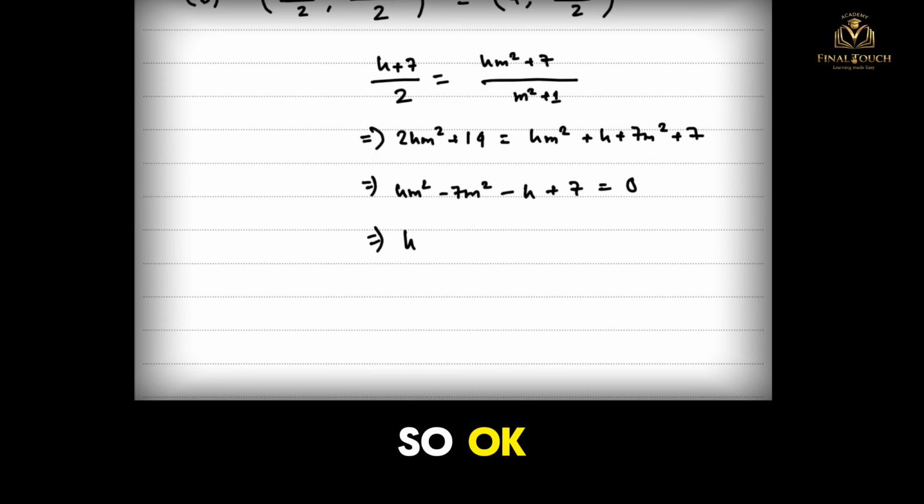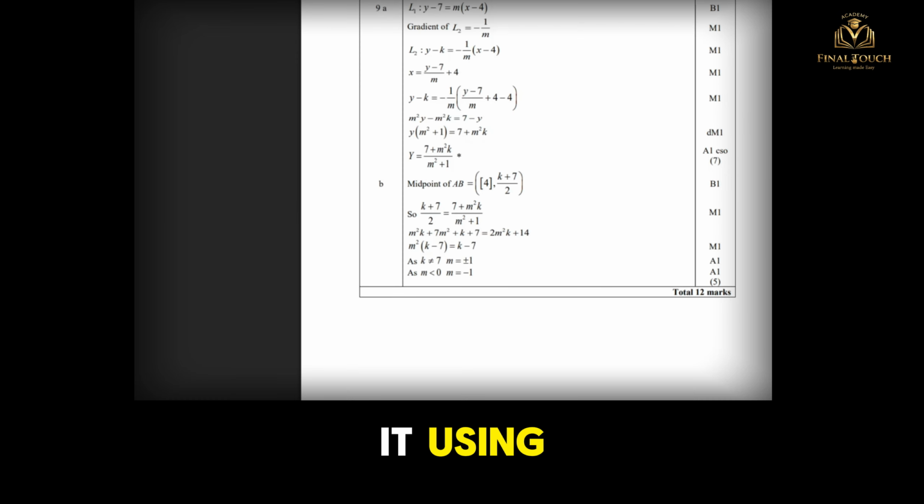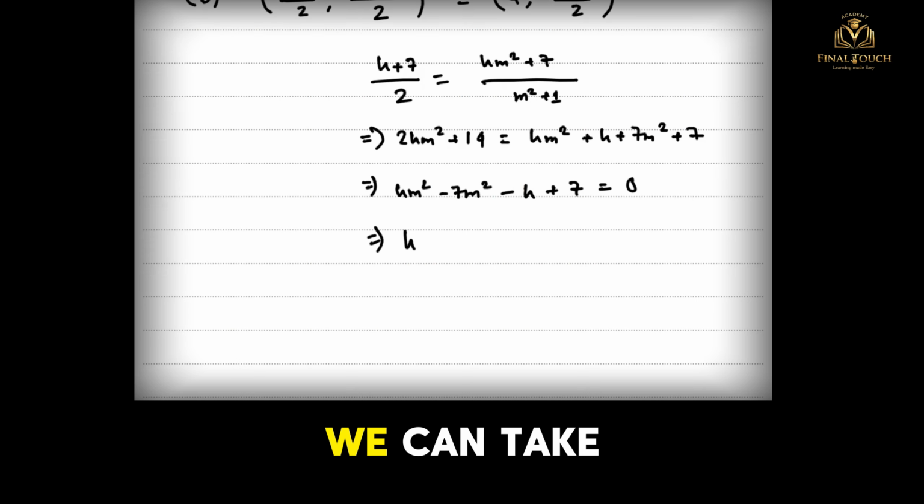So if we take common, we take m square common, we have k minus 7.